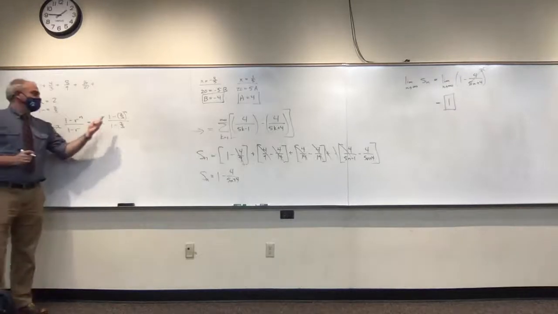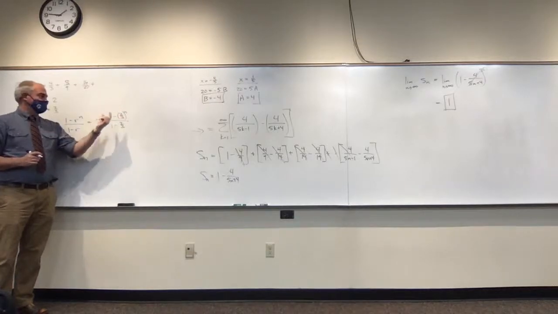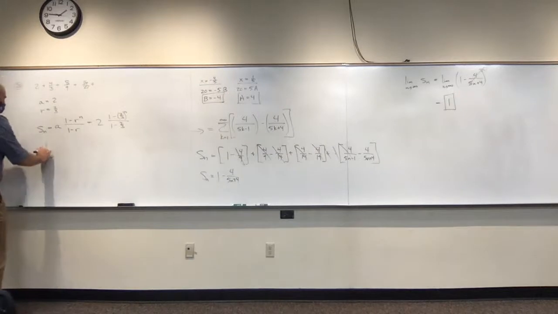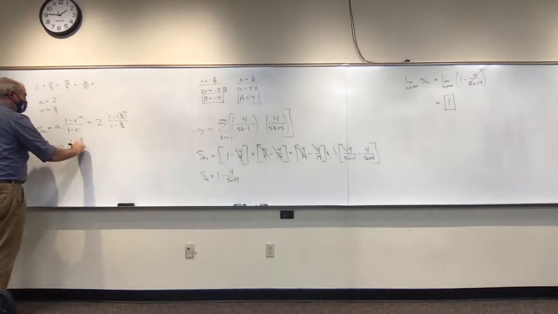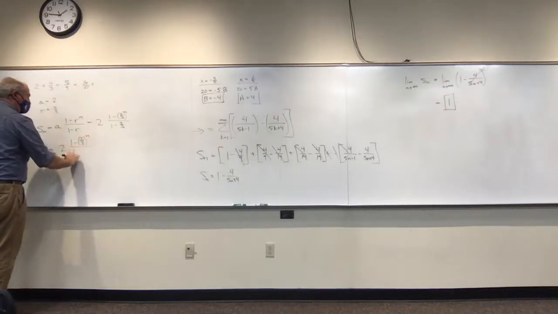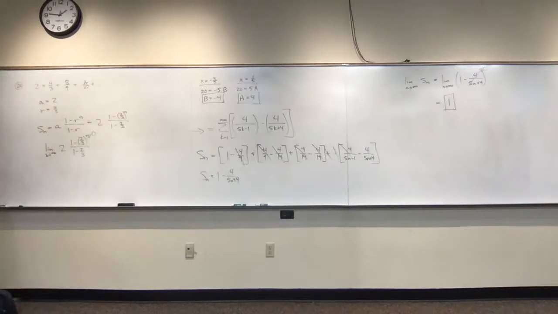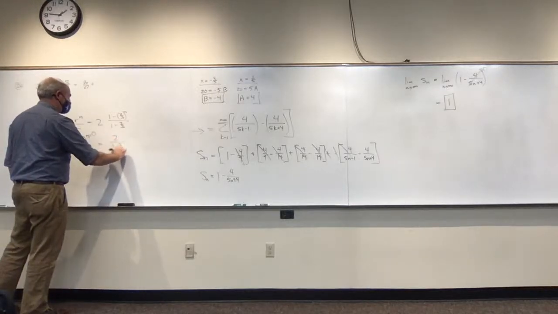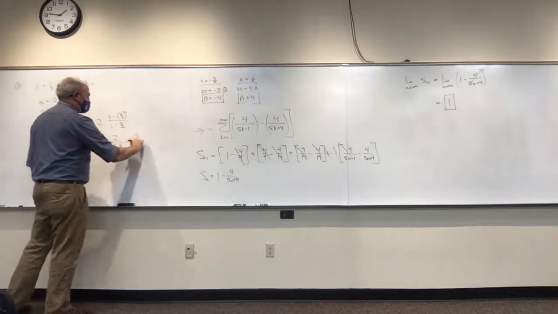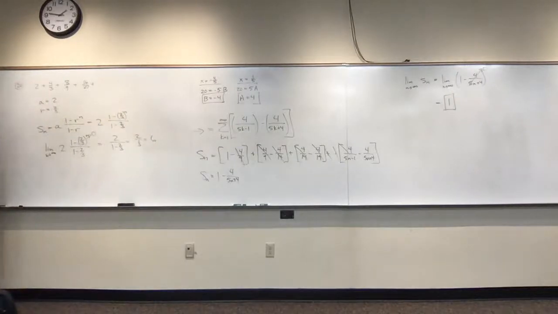But as n goes to infinity, what happens to 2/3 to the n? Yeah, it gets small. So if I take the limit as n goes to infinity of this nth partial sum, 2 times 1 minus 2/3 to the n over 1 minus 2/3, this guy just goes to 0, right? And I'm just left with 2 over 1 minus 2/3, which is 2 over 1/3, which is 6, right?